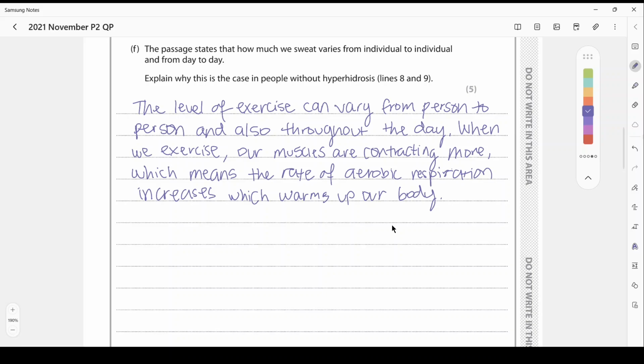Another reason why we sweat is because the environment around us is hotter. So if it's hotter, we sweat more to cool down our body. So let's write that down.